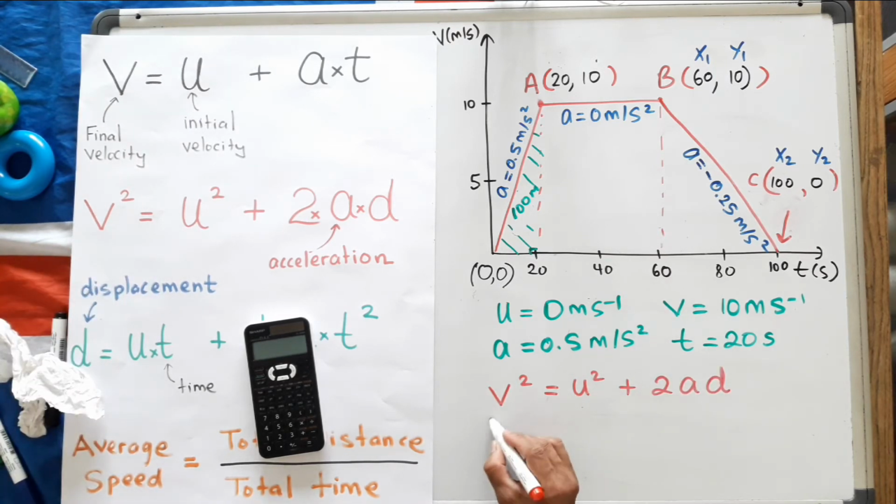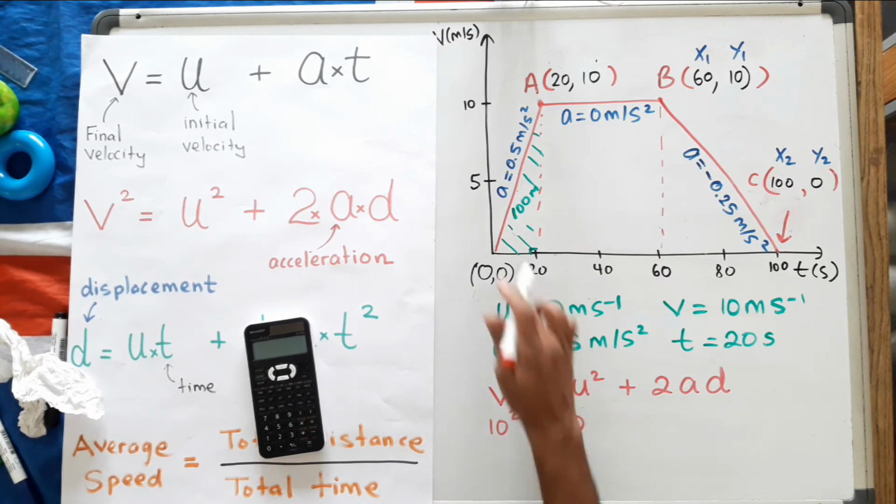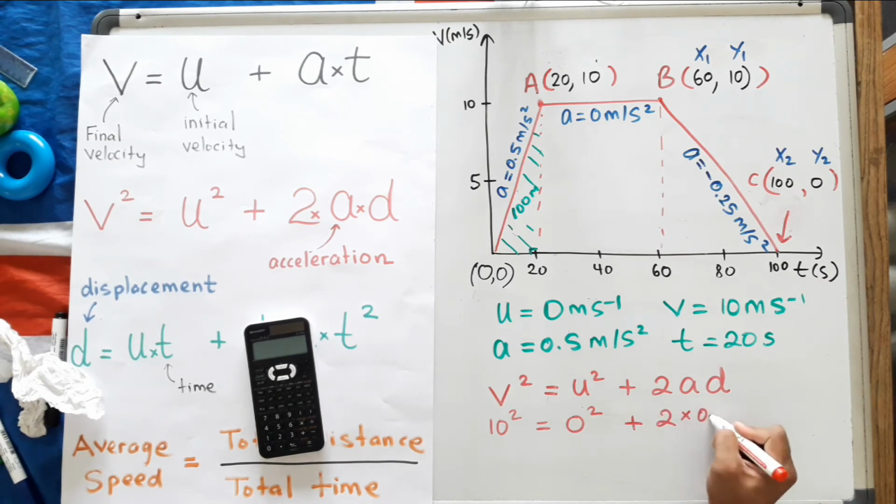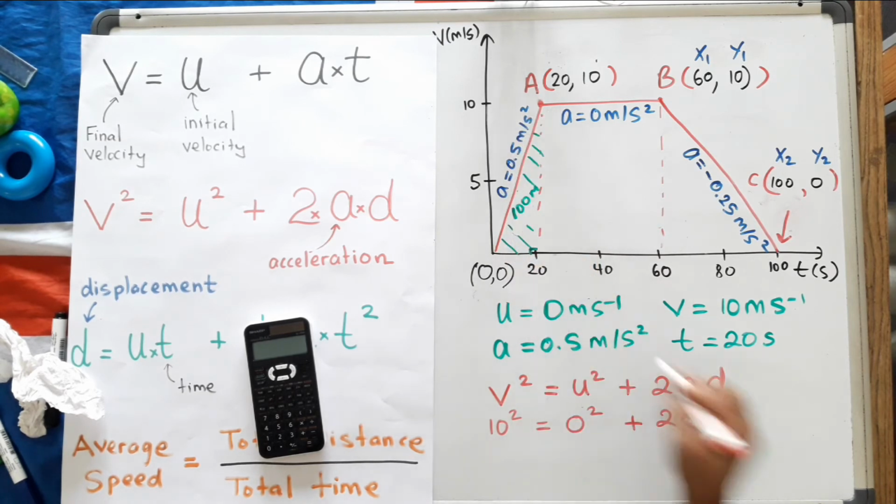The final velocity was 10, so we have 10 squared. The initial velocity is 0, so that's 0 squared. Plus 2, the acceleration is 0.5, times D, which is the displacement. Let's see if we will get the same answer.